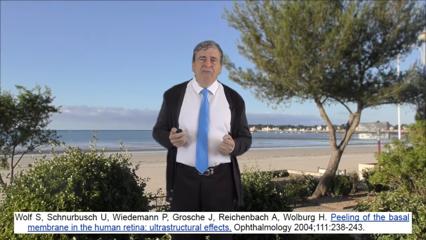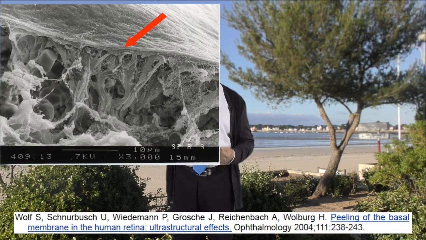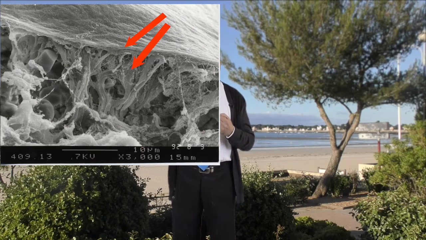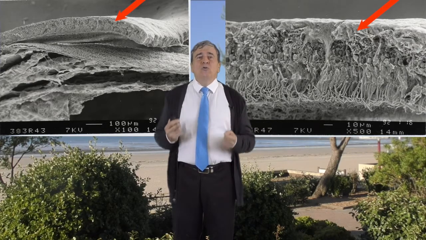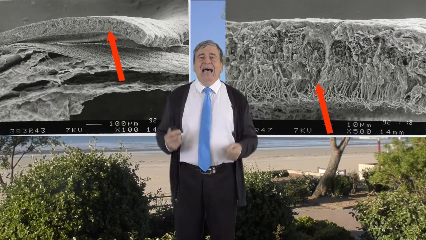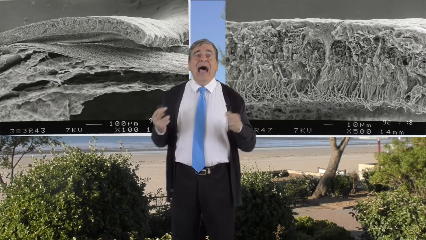This is what Wolf showed by proving that the ILM removal is always accompanied by a tearing of the Müller cell end feet and therefore by a trauma of these cells. It is therefore normal to think that the trauma at the level of their inner pole caused by the peeling has the same consequences as that caused by the retinal detachment at their outer pole.